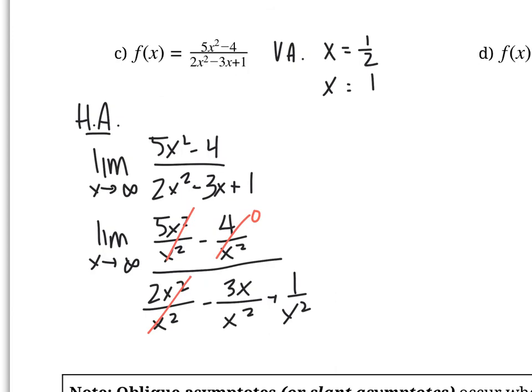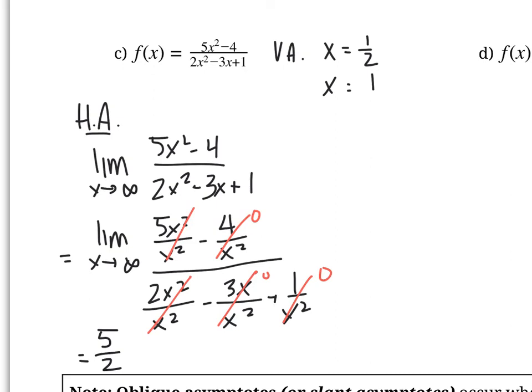Again, the bottom part of 3x over x squared is going to dominate: as the number gets very, very large, that denominator gets very large because it's squared, so this also goes to 0. And lastly, 1 over x squared, we already know, goes to 0. So if we simplify, what we end up with in the end is 5 divided by 2.